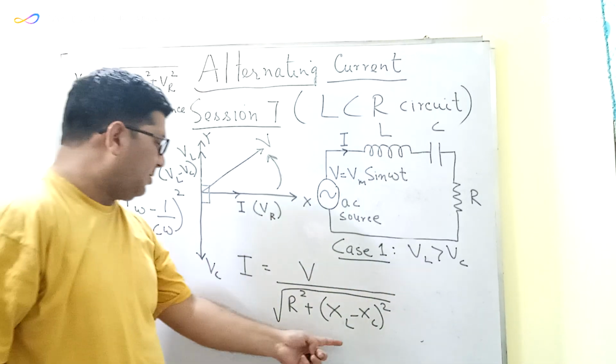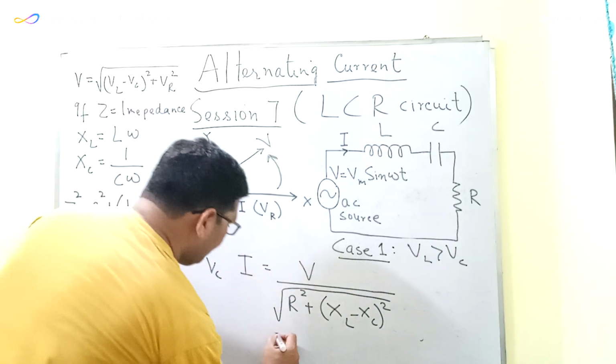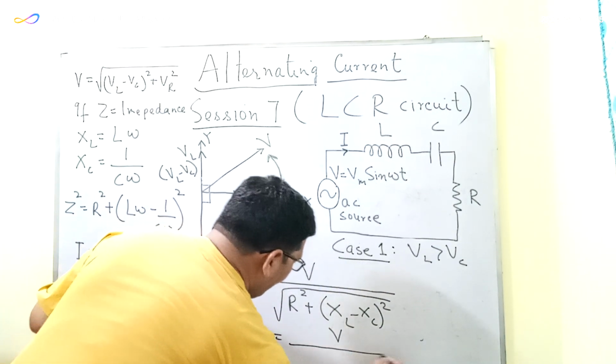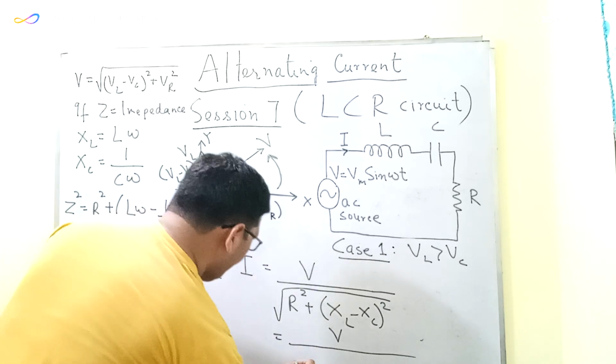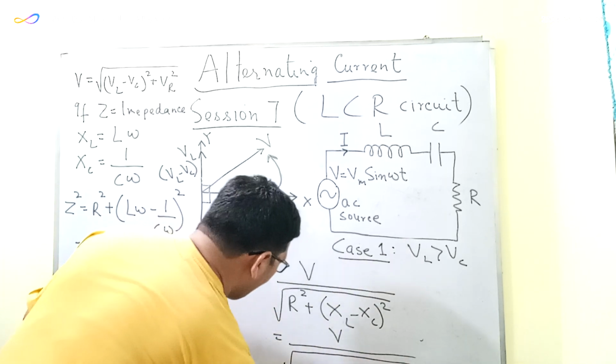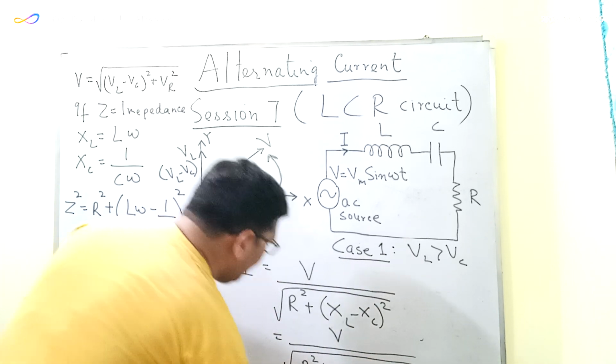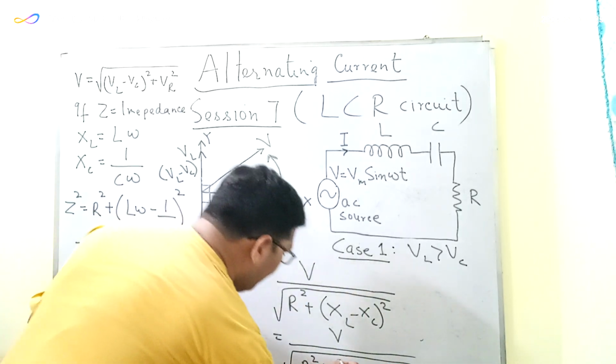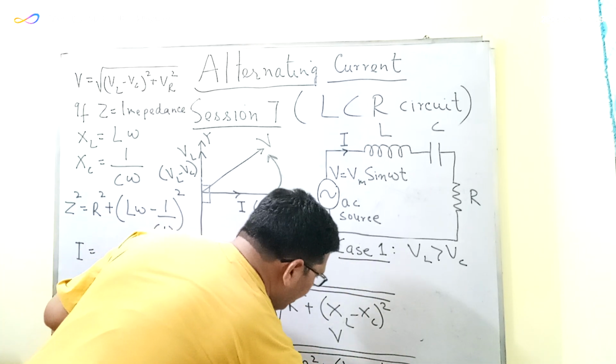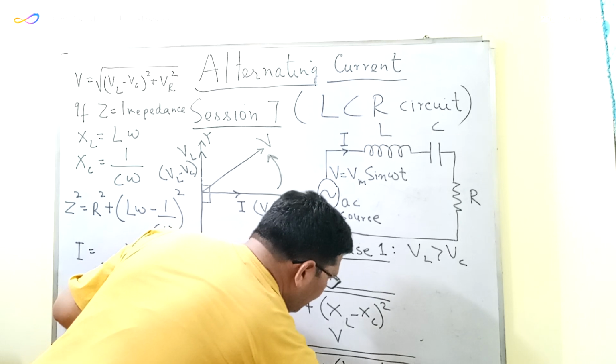This can also be written as V divided by the square root of R square plus L omega minus 1 upon C omega whole square.